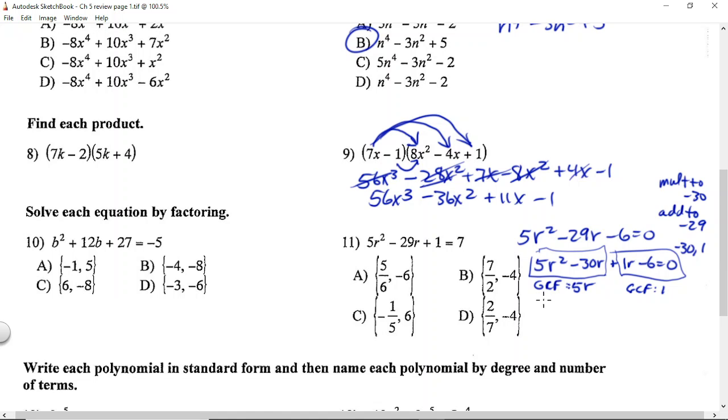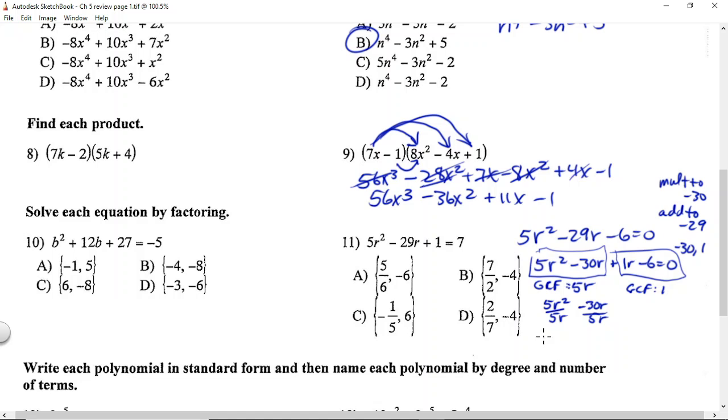Okay, so let's factor out the 5r, and we figure out what that's going to be by saying 5r squared, because that was the first term there, right, divided by our 5r. And for negative 30r, that is, divided by 5r.